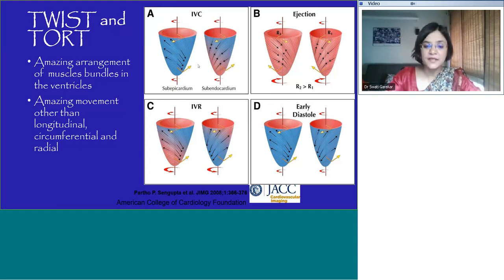In diastole, that suction effect extracts blood then from the left atrium into the LV. Anytime this suction effect is impacted, because the LV is not allowed to untwist properly, whether it's energy deficiency or something in the myocardium, then your diastolic parameters obviously suffer.